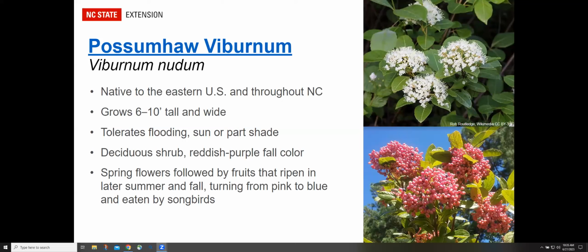This is quite an adaptable shrub, but if you're looking for something for wetter areas, it will tolerate flooding and is sometimes used in rain gardens or at the edges of wetland areas. The flowers come out in the spring, and then the berries, which again provide a great resource for songbirds.